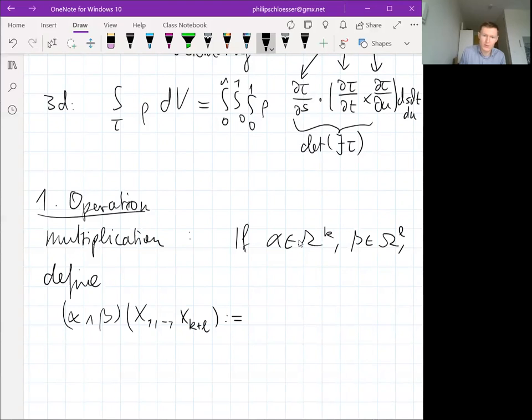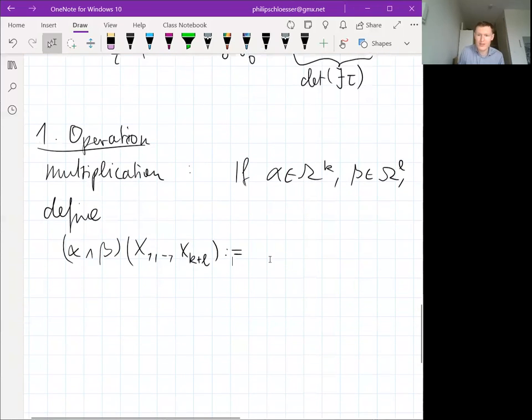And what does it do? Well, the first idea we might have is that we can just plug in the first K vector fields into alpha and then the last L vector fields into beta.